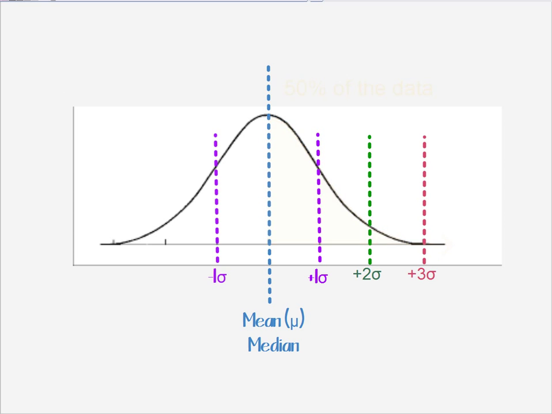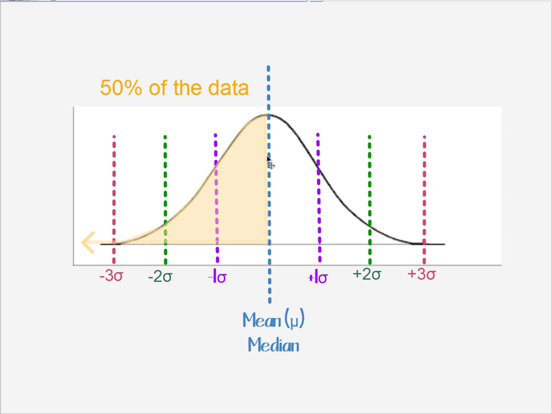As I go to the left, I take away 1, 2, and 3 standard deviations to get to nearly the end of my normal curve. Again, it's possible for me to have outliers that go to the left of the normal curve. So if I want to include those outliers, then everything on the left side of my graph contains 50% of my data. So this is split into half and half.